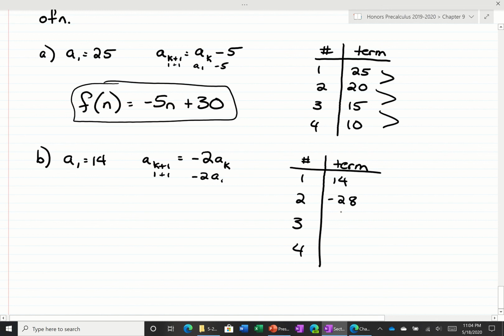Then negative 2 times negative 28. Then negative 2 times 56. So let's try to come up with a function rule. And we're not going up by 14 each time. So that's not something that we need to do.